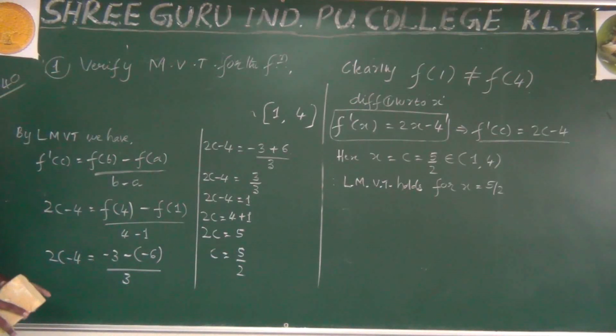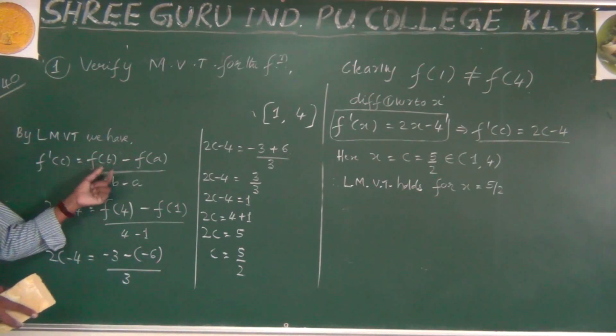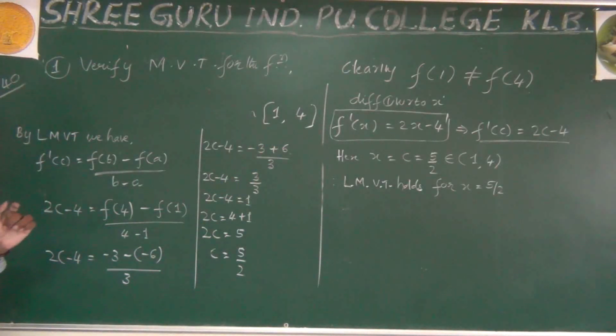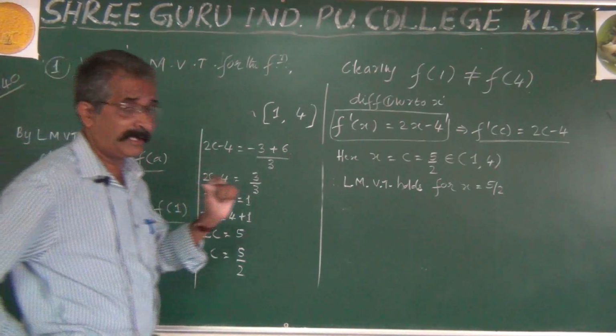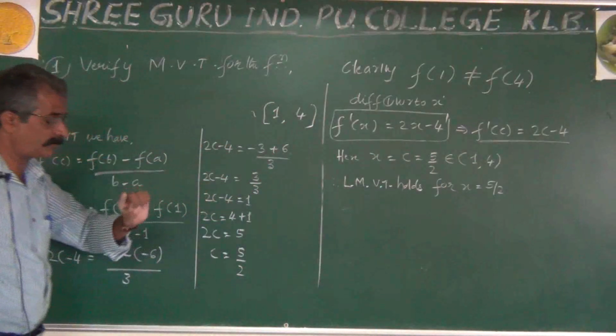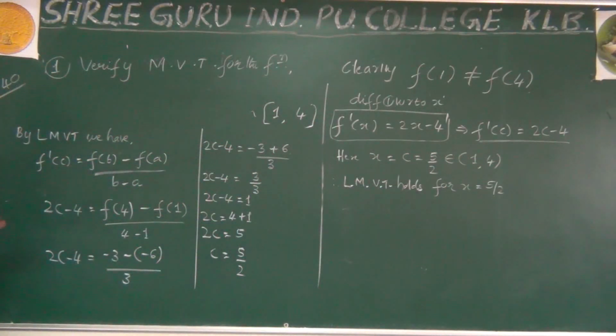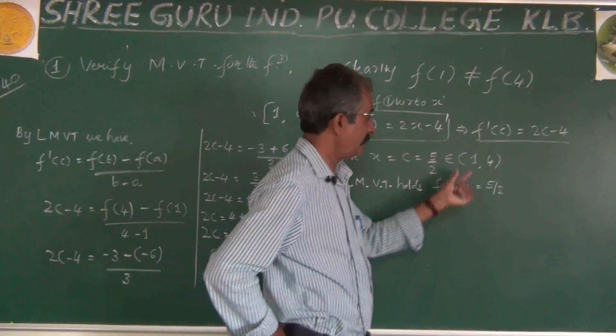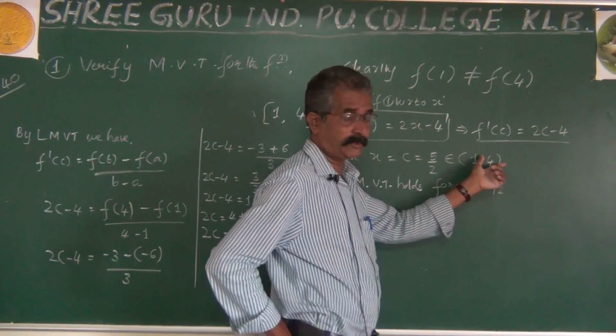That means for this curve on this interval there are a number of points. At each point there is a tangent, and out of the number of tangents, only at point x equal to 5/2 will there be a tangent that is parallel to the chord joining the points x equal to 1 to x equal to 4.